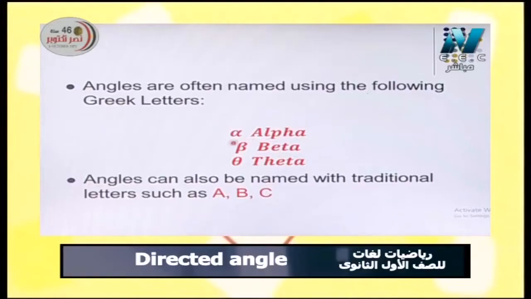We call this symbol beta. We call this symbol theta. Alpha, beta, theta. And sometimes we use the original or traditional letters A, B, and C.